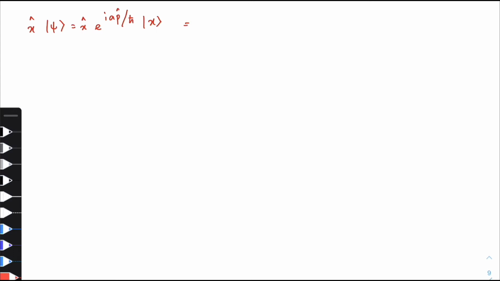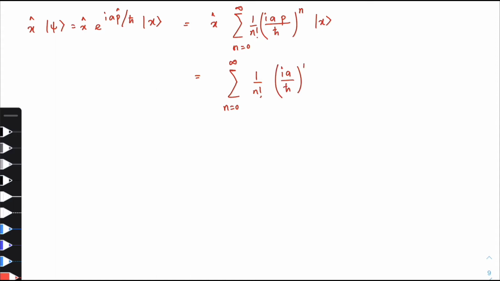So we can write this exponential in series with n equal to 0 to infinity, i a P divided by h bar to the n, over n factorial. This can be simplified as i a by h bar to the n, X P^n |x>.